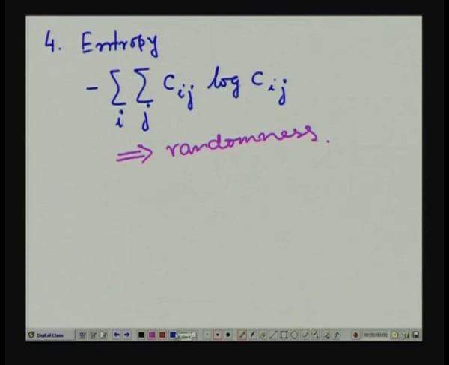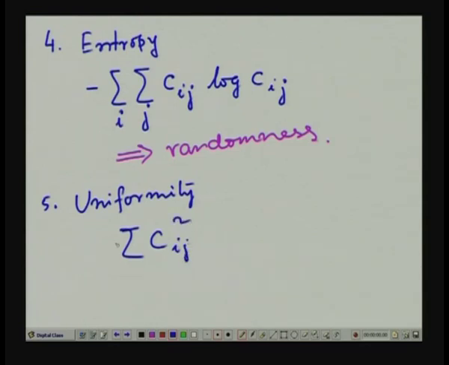Similarly, the fifth texture measure that we can obtain from the co-occurrence matrix is what is called uniformity, which is defined as the summation of C I j square, and here again you have to take the summation over I and j.